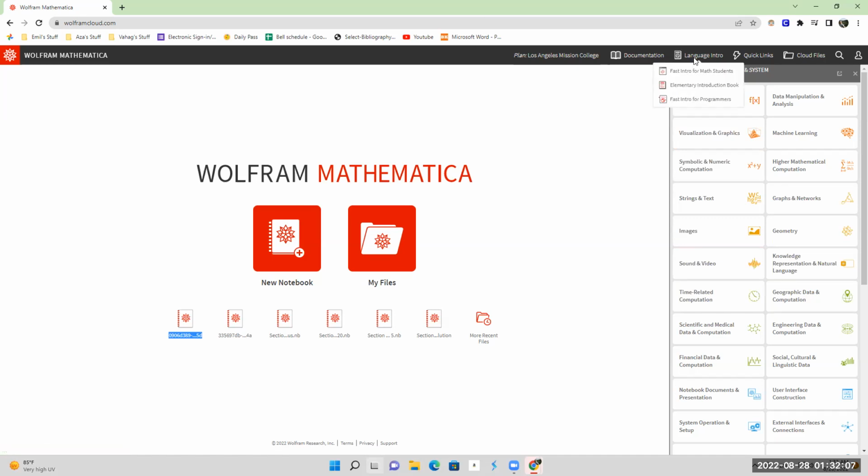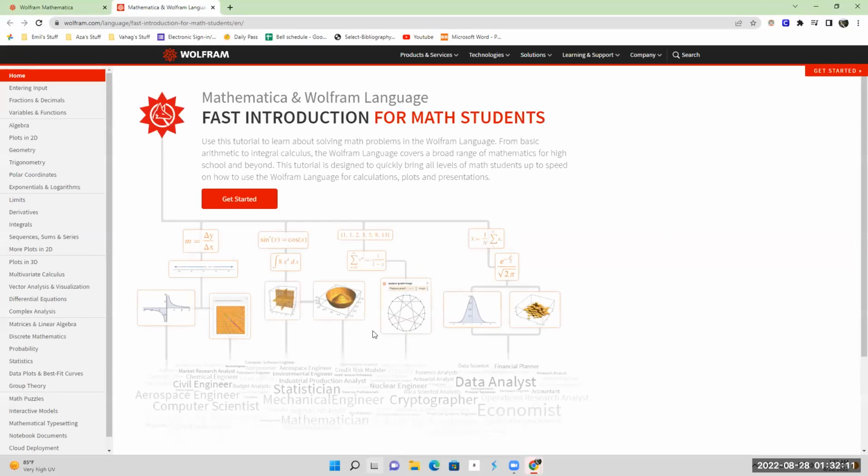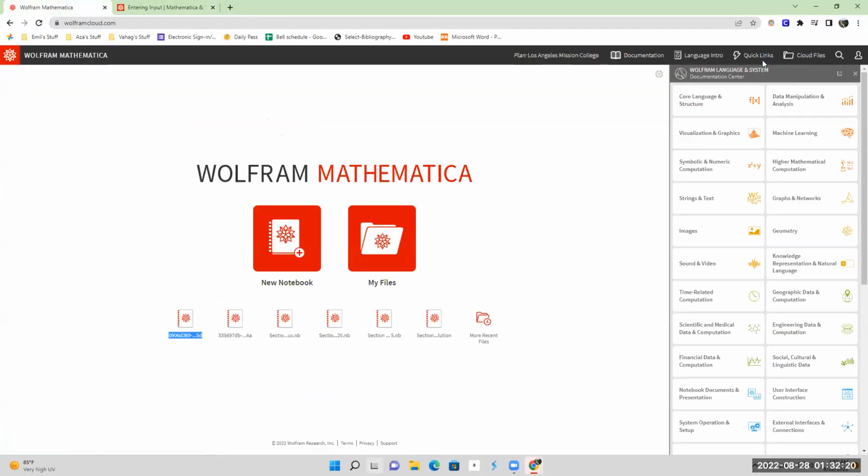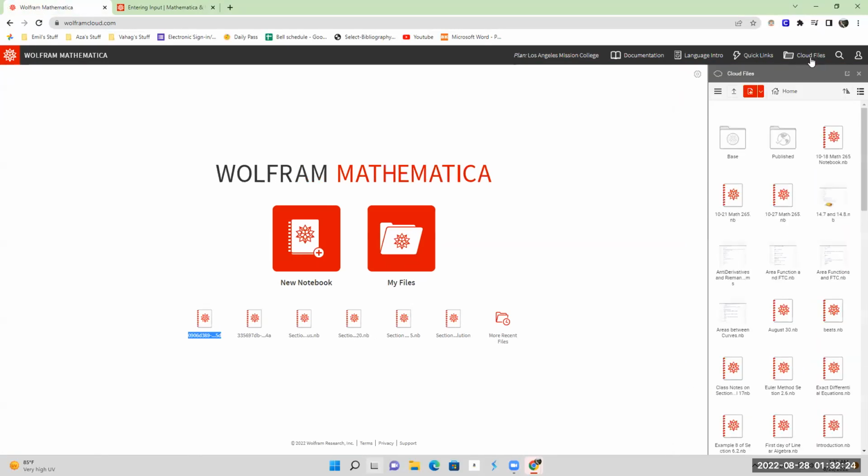You do have a fast introduction to Wolfram language for math students, which I recommend checking out. You do have access to your cloud files over here, and you can also look up any topics that you need to do that, or you can just Google them as well.